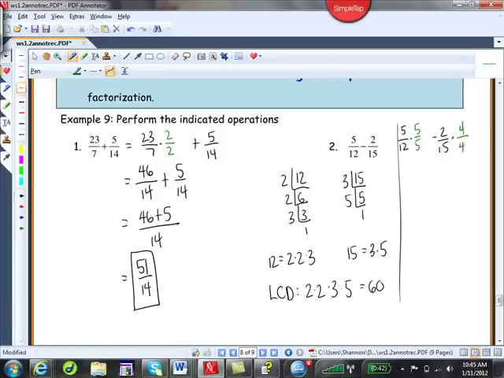So now we will have 25/60 minus 8/60, and then we can make one happy fraction, 25 minus 8 all over 60, and that's going to be 17/60. Check to make sure it's reduced. Yep, it is. So you put your happy box, you're all done around that result.